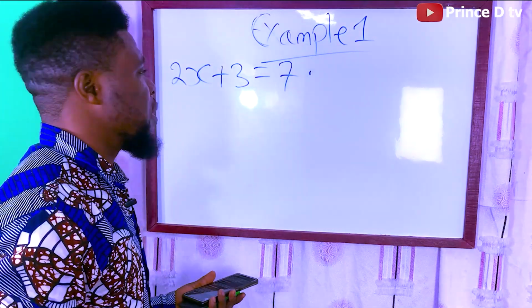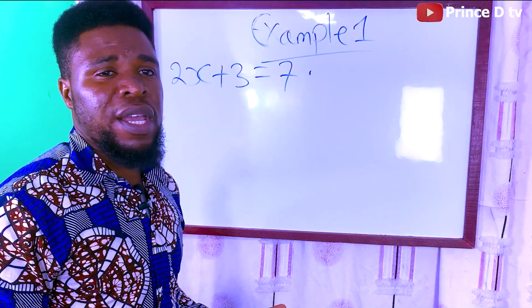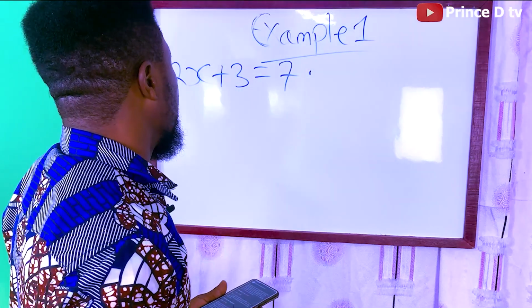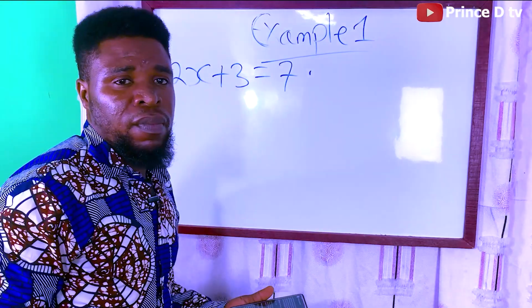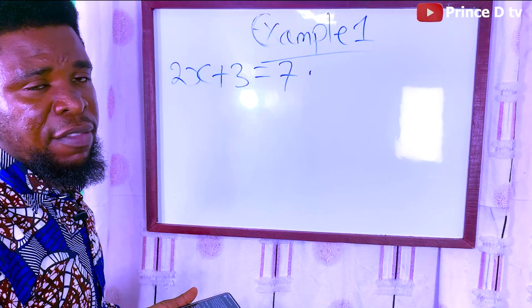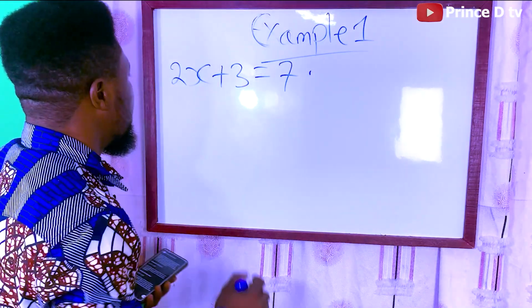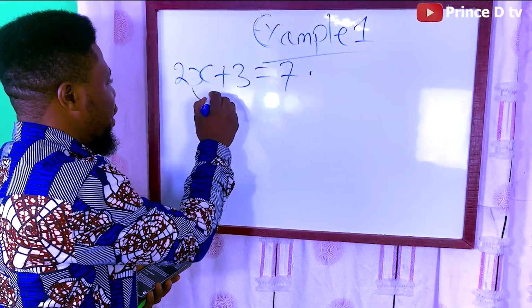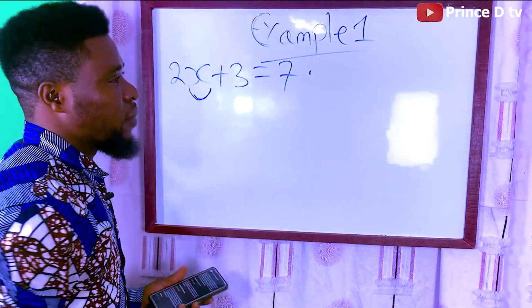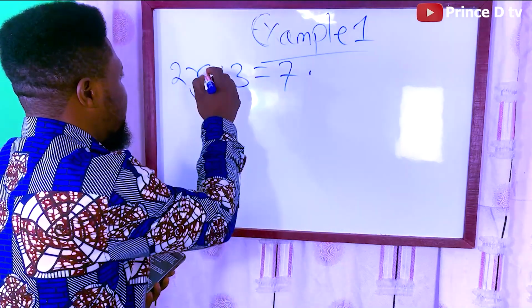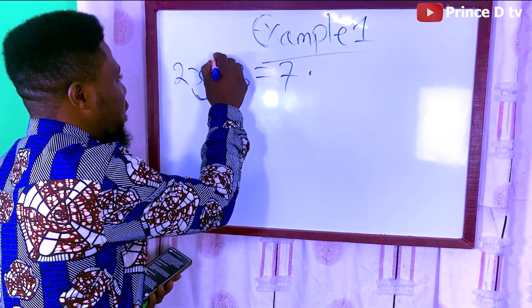So how can we solve this? We made mention that a simple linear equation is an equation whereby its variable has its highest power as 1. Our variable in this equation is x, and its power is simply 1.